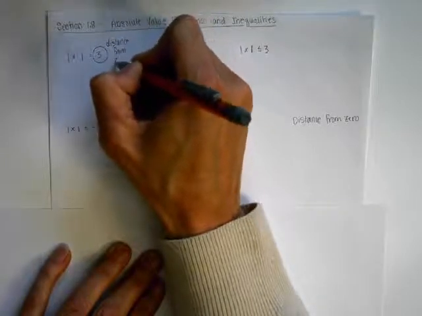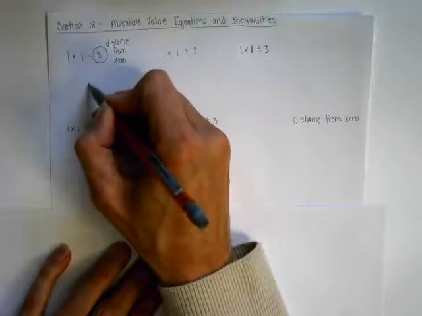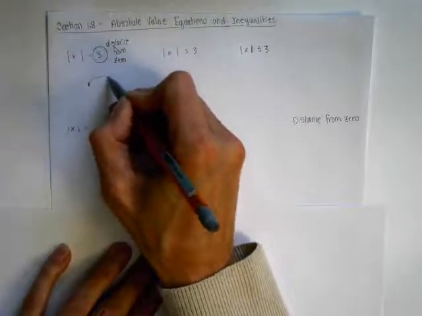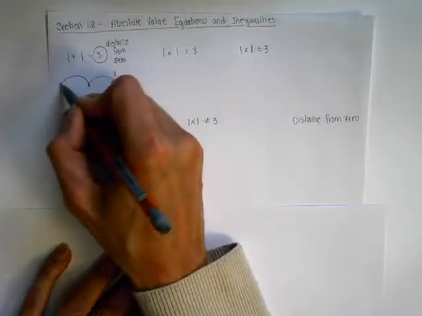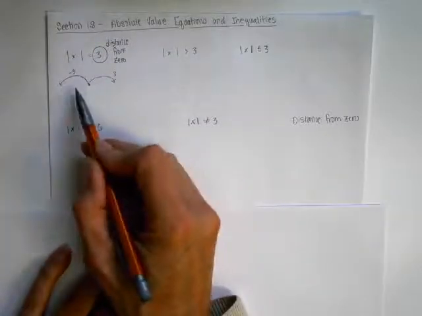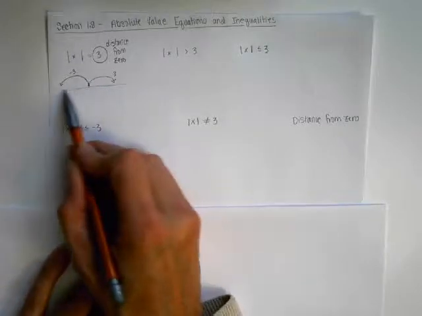from 0. So if 0 was my marker right here, and I wanted to go 3 in this direction, or 3 in this direction, both of these would have a distance of 3.